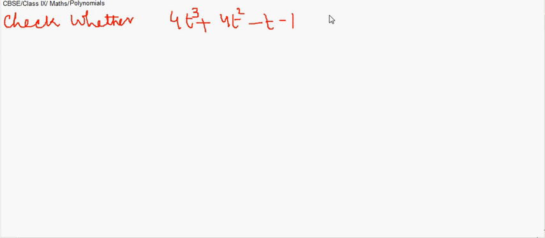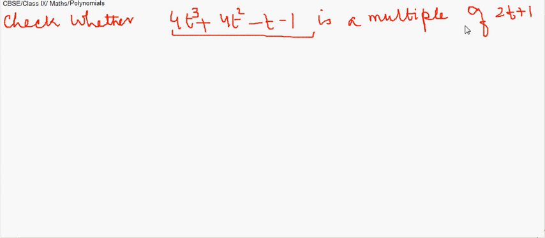It says: check whether a given polynomial, suppose 4t cube plus 4t square minus t minus 1, is a multiple of 2t plus 1.